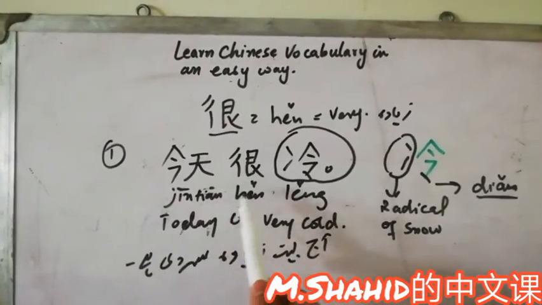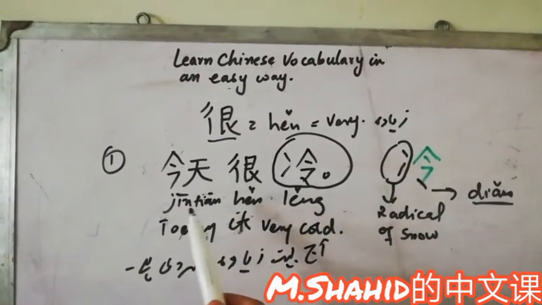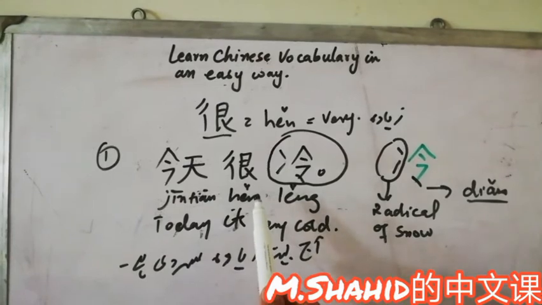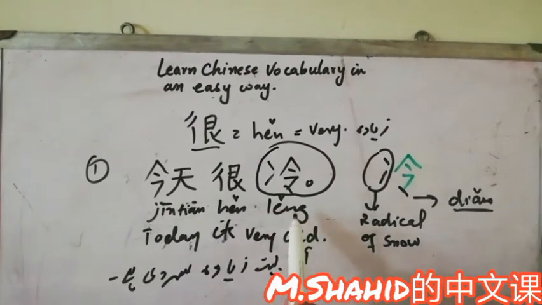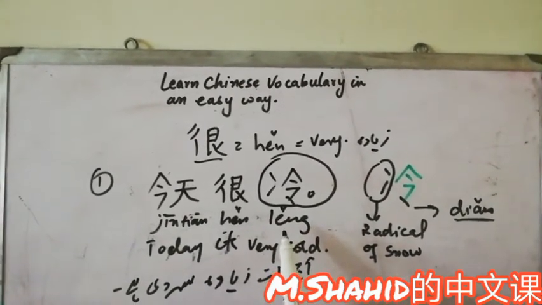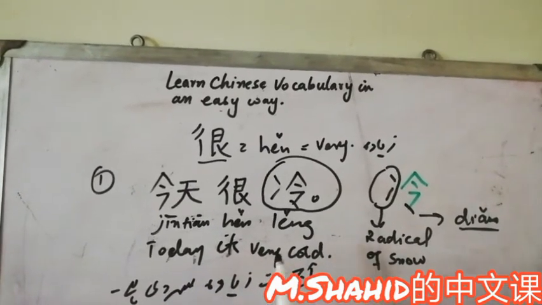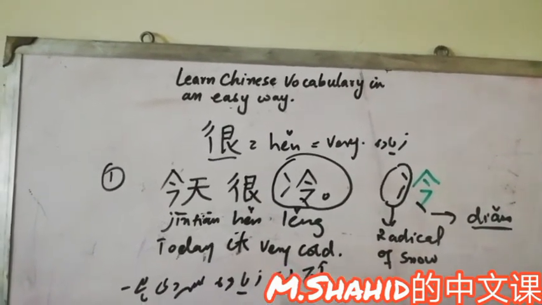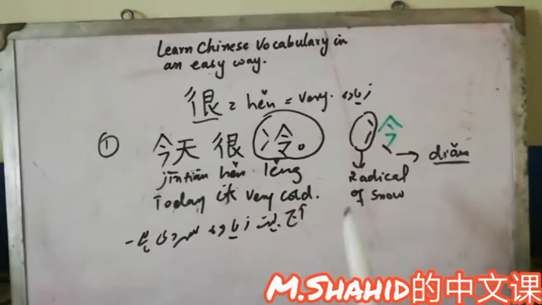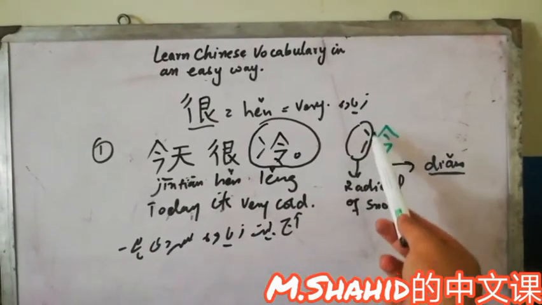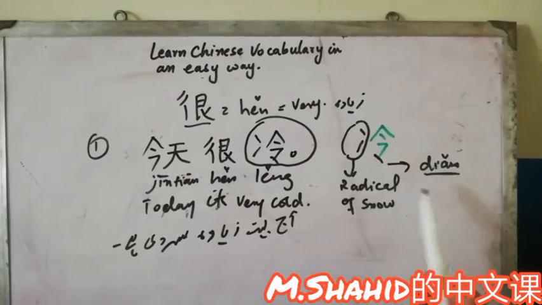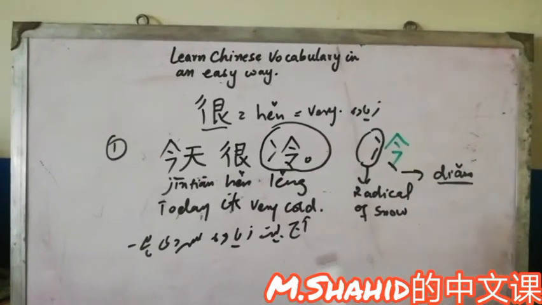今天 today, 很 means very, an adverb of degree, and lěng means cold. So today it's very cold. आज बहुत ज़्यादा सर्दी है. You saw that I just added this radical of snow and this stroke, and it becomes like that.